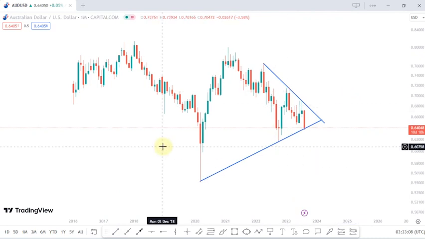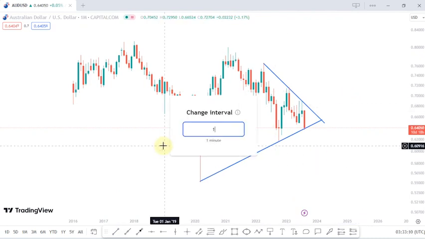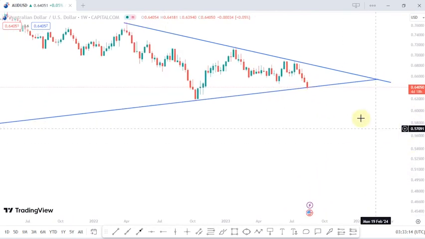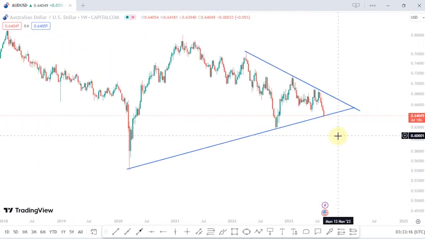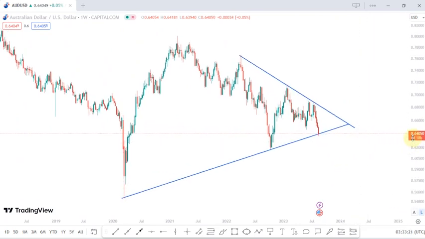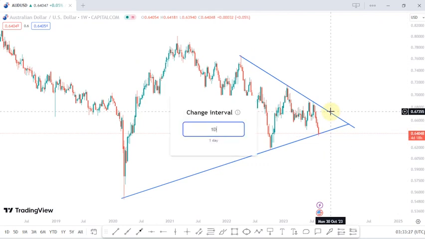So from here, I have to move down to the weekly time frame. The same trend line on monthly is applicable to weekly. So we'll move down to the next time frame, which is the daily.